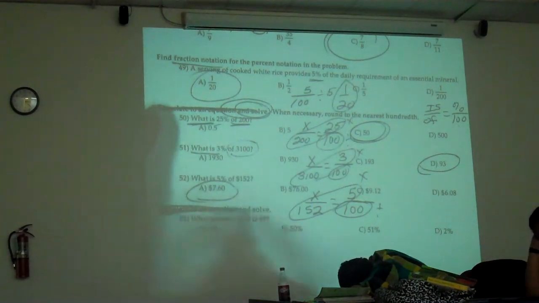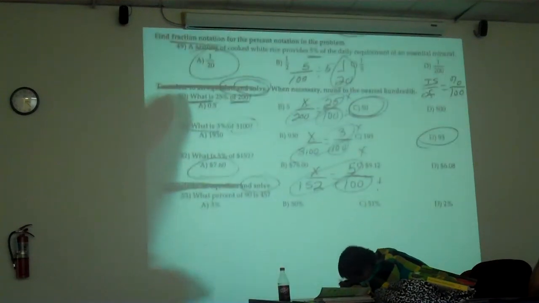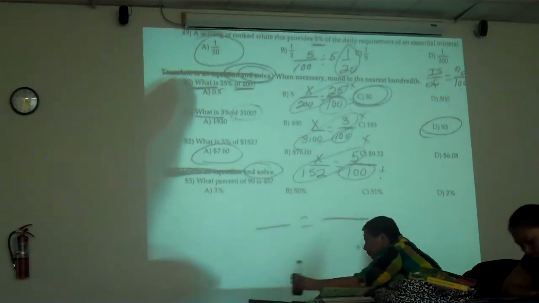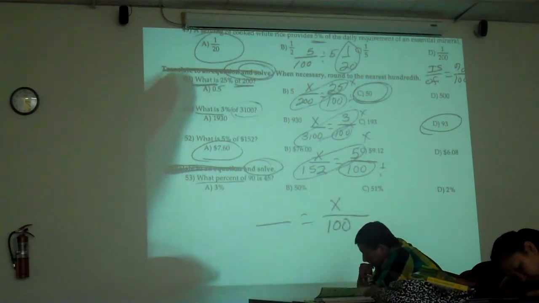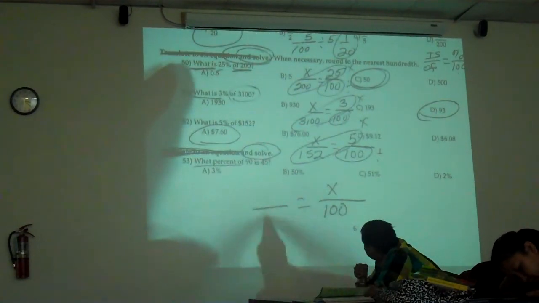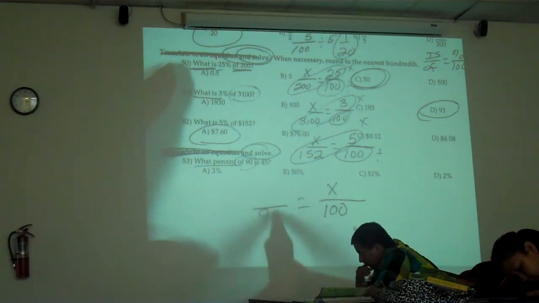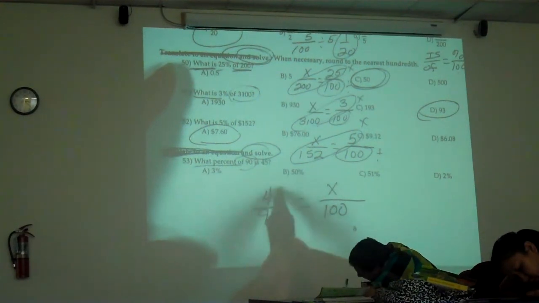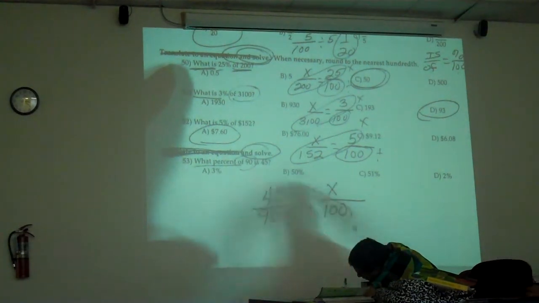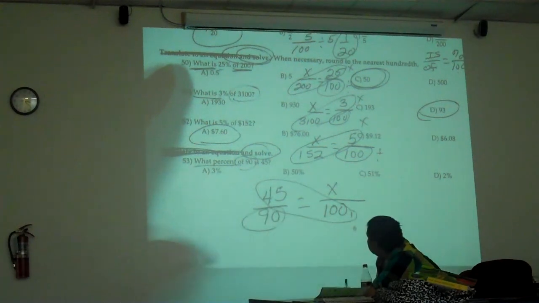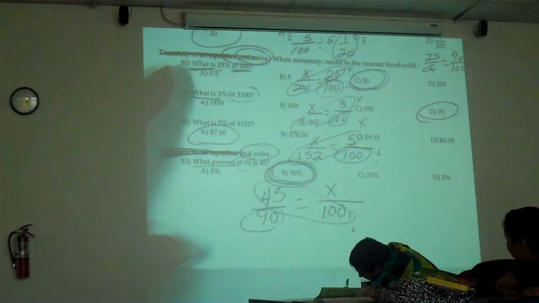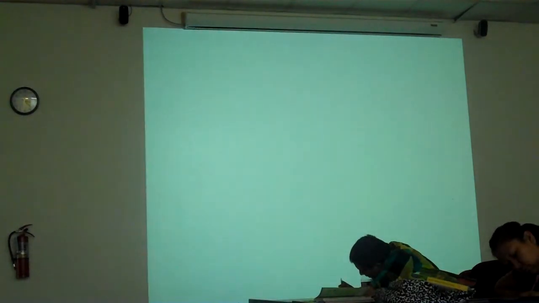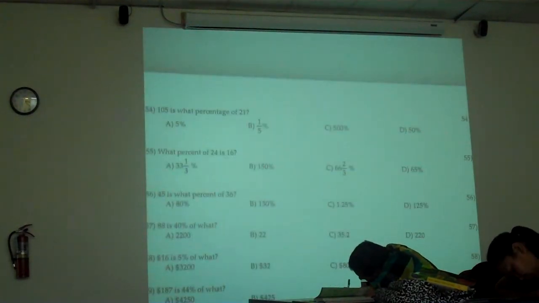No translate, just solve. Okay, what percent, so we don't know the percent, of 90 is 45. Multiply, divide, 50%. Okay.